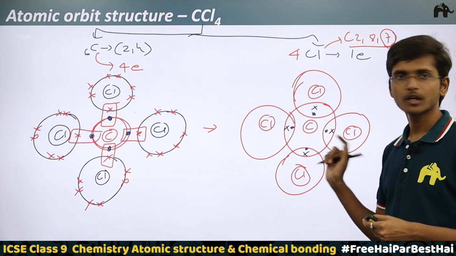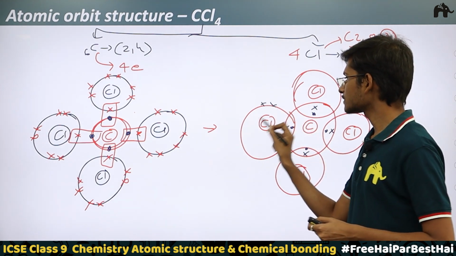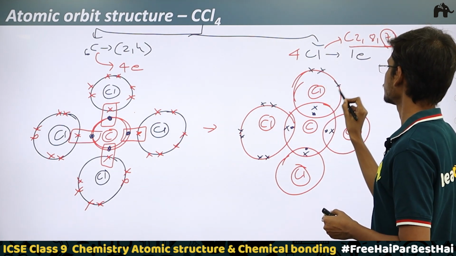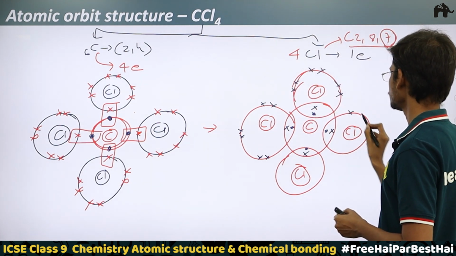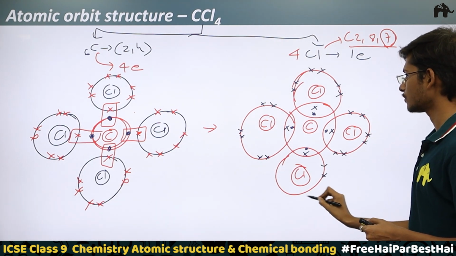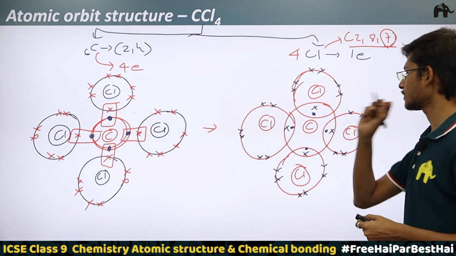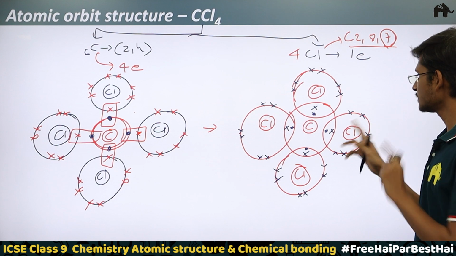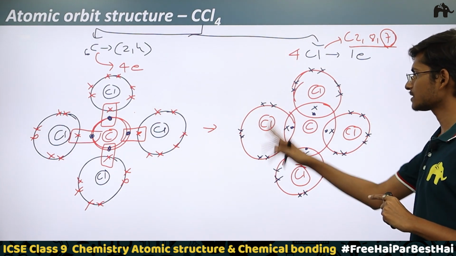Fine. And then the remaining crosses, 4, 6, 2, 4, 6. Done. So 6, 7, 8, this chlorine atom is done. 6, 7, 8 for each of the others.